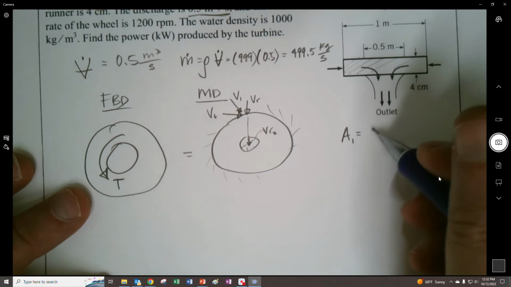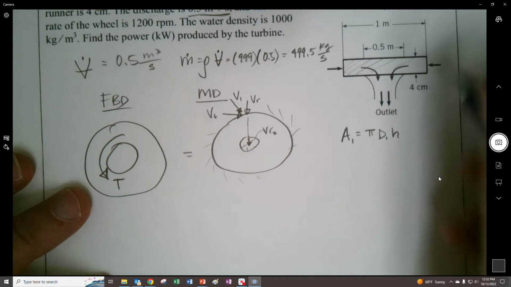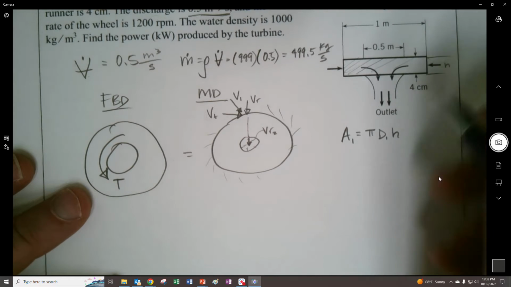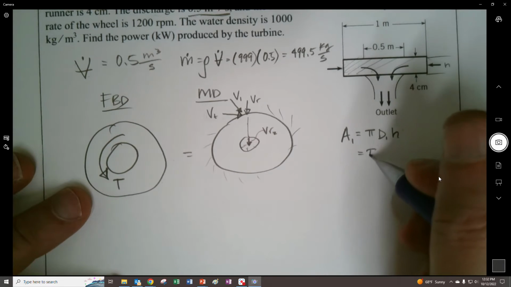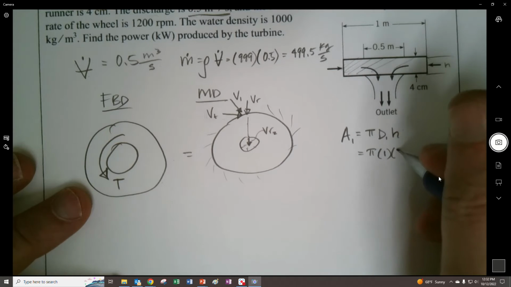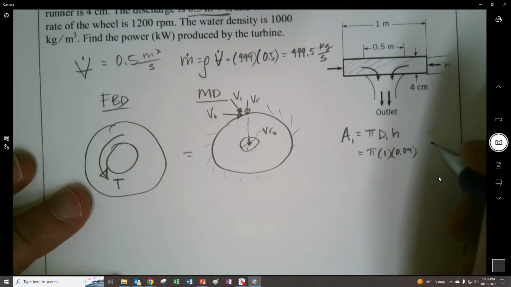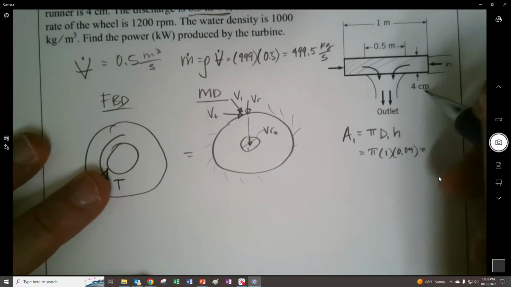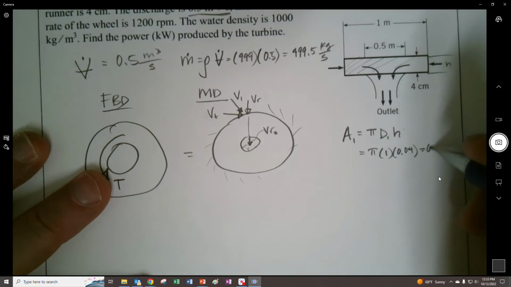So I'm going to get this area first, and it's going to be pi d1 h, where I'm going to call this h right there. So I wrote it underneath there, pi, and this is 1 meter, and the h was 0.04, right? Yes, because they were centimeters. I don't like centimeters.